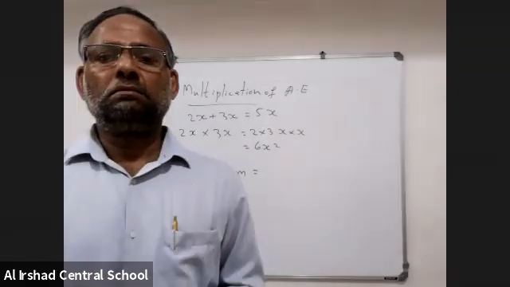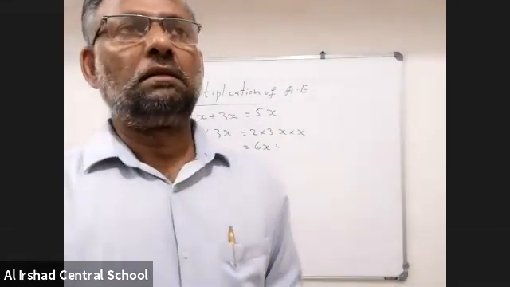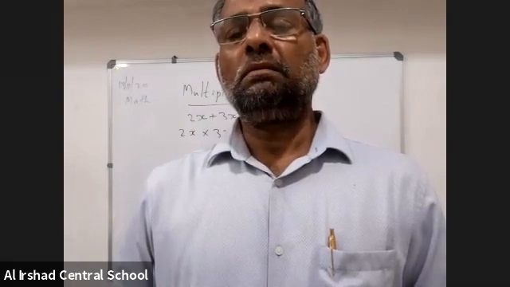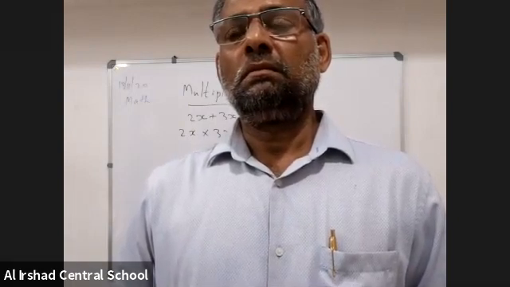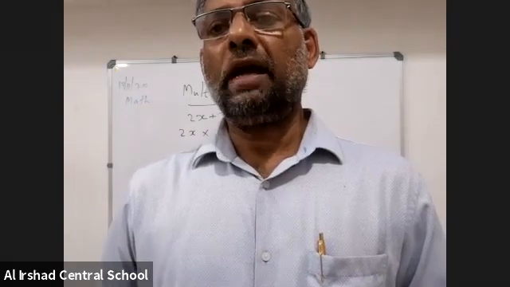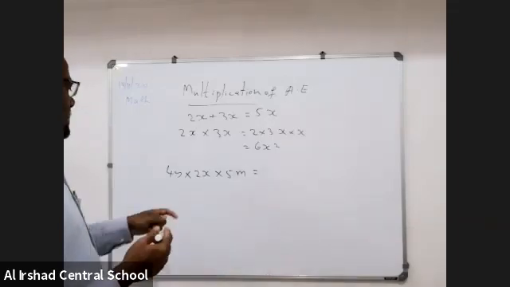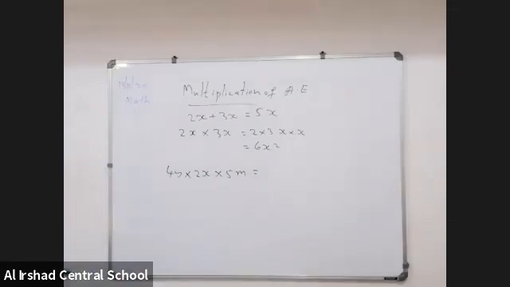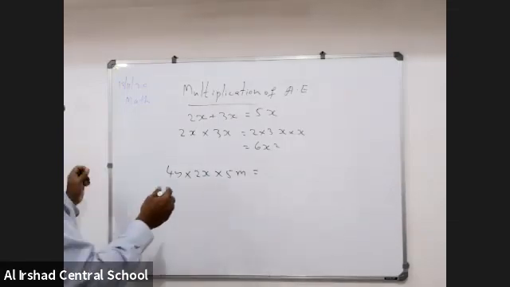Any problem? Tell me. You raise your hand, that is why, any problem. Okay, fine. Any problem, then only please raise it, because I want to cover this one. Now, what I am telling, 4y into 2x into 5m.